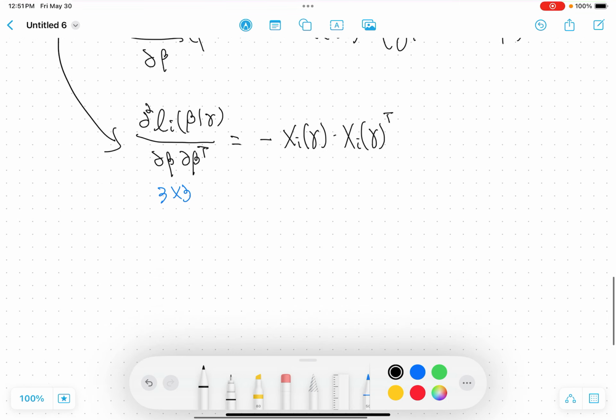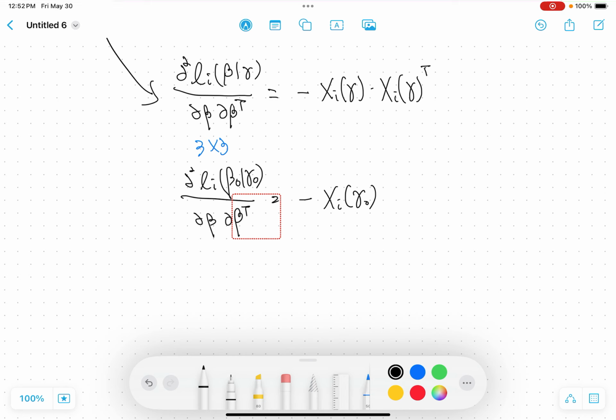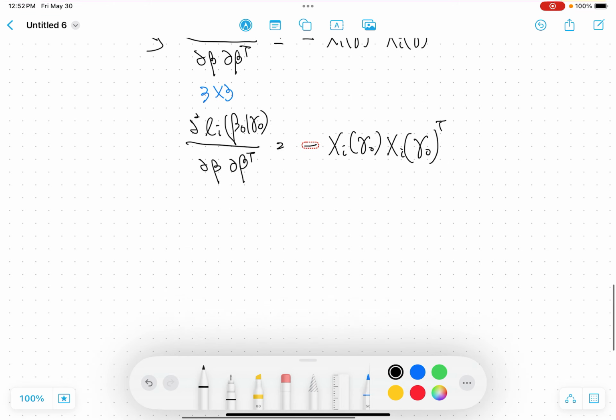Pretty simple. And here, if you plug in beta 0 and gamma 0, you will get minus xi gamma 0 and xi gamma 0 again. And after taking expectation, we define it as H. H is defined as minus expectation of xi gamma 0 xi gamma 0 transpose.